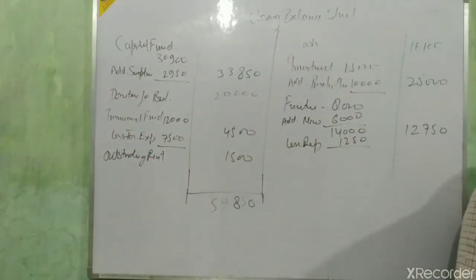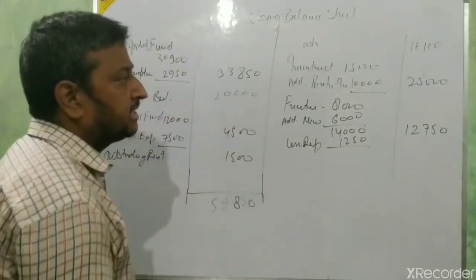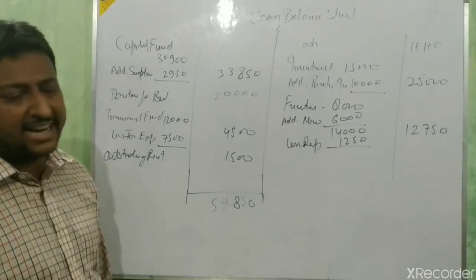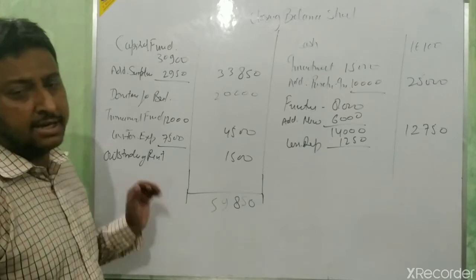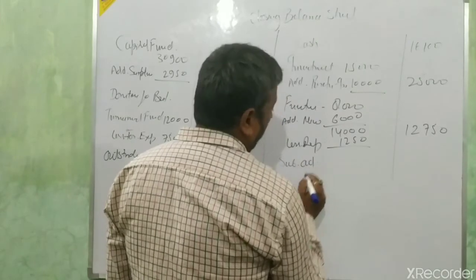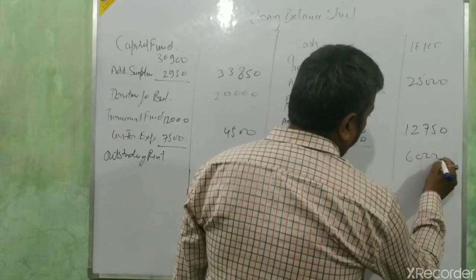After this, is any other type of asset given? No, only outstanding subscription is given. Outstanding subscription, meaning outstanding for income, we show on the asset side, and outstanding for expense we show on the liability side. Subscription outstanding, that amount is 6,000.